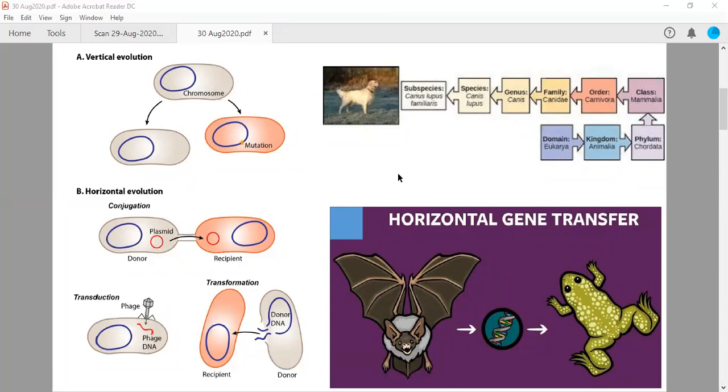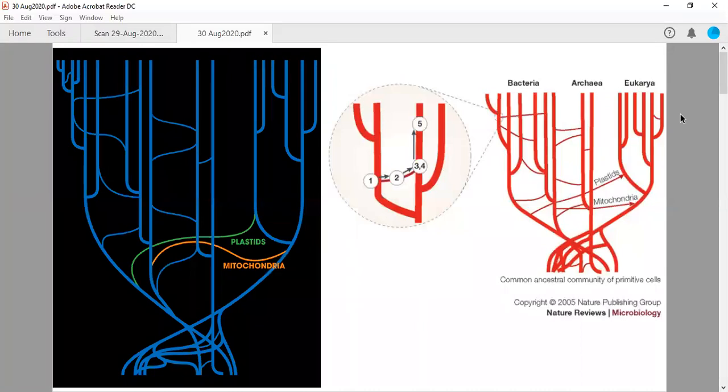But before going into the detail, let's look at this particular slide. This is a very basic model depicting that gene transfer is actually happening between different branches of this evolutionary tree.